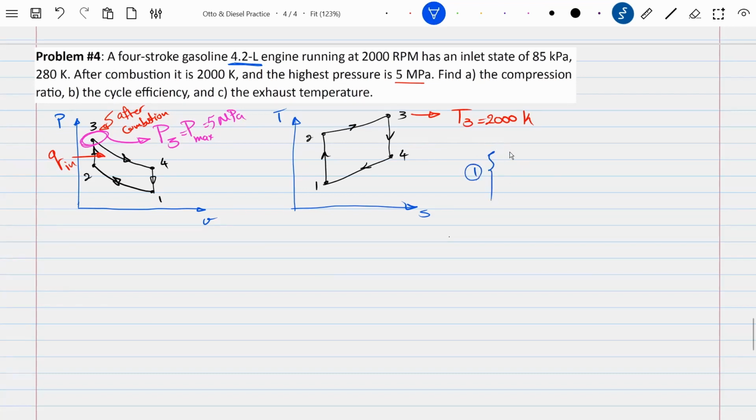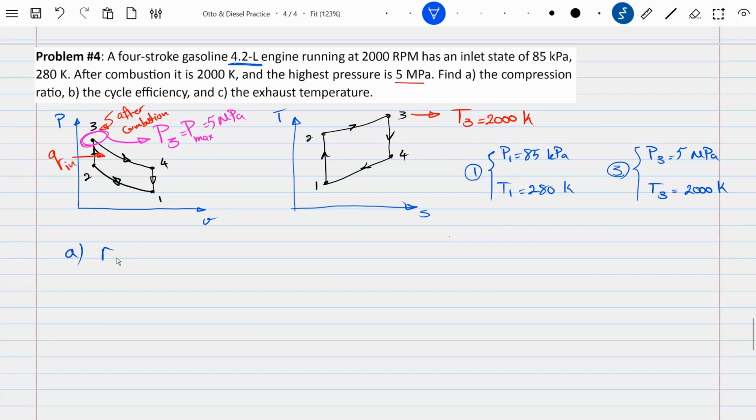So at point 1, I know that P1 is 85 kilopascals, and I know that T1 is 280 Kelvin. I also know that at point 3, P3, the maximum pressure, is 5 megapascals, and T3, the temperature after combustion, is 2000 Kelvin. Let's start with part A, finding the compression ratio.